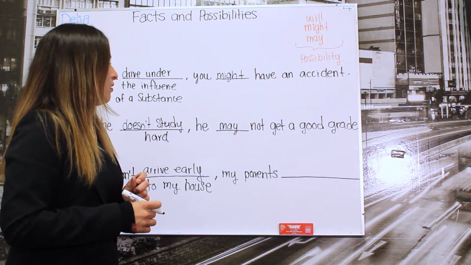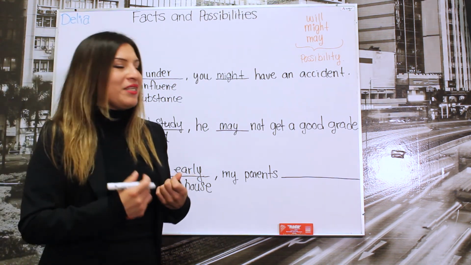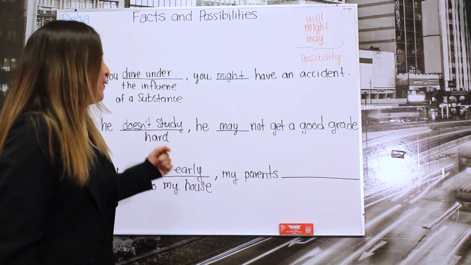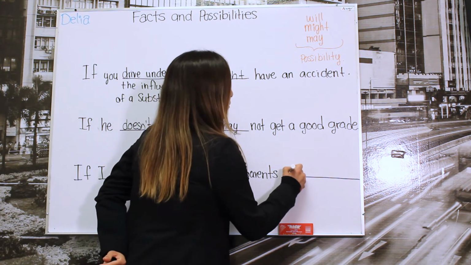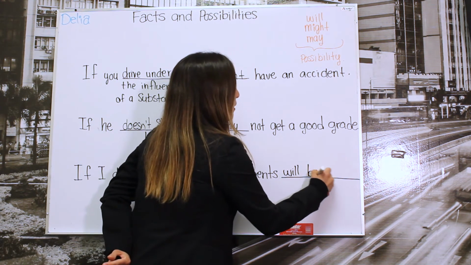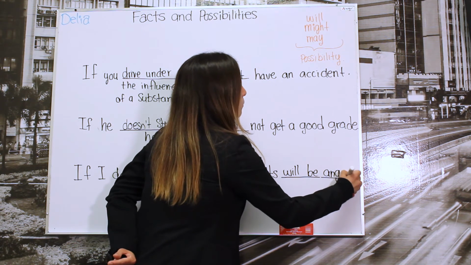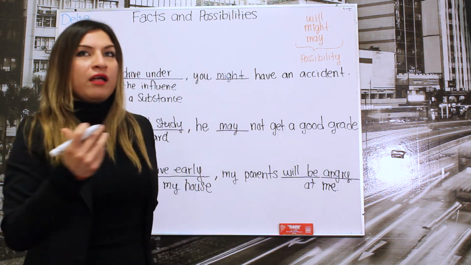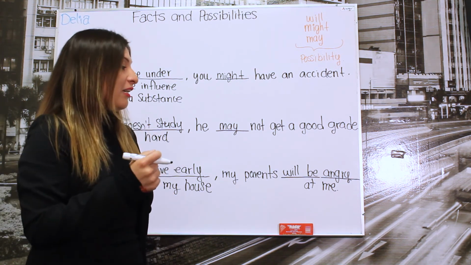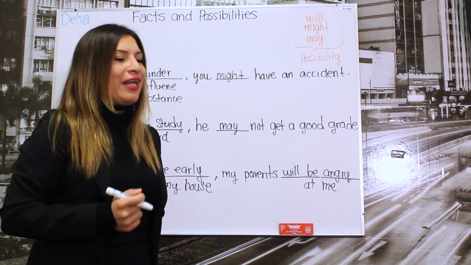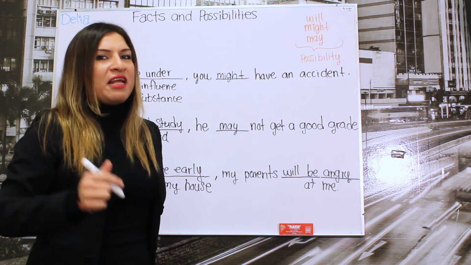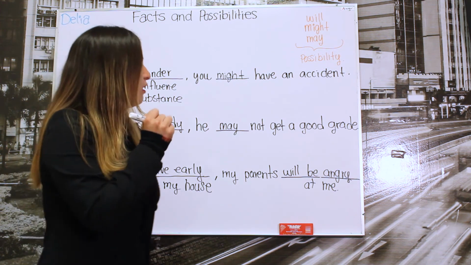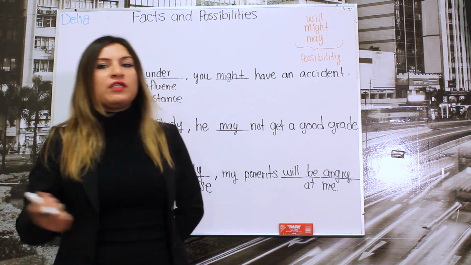Well, I know my parents and the possibility will be strong. My parents will be angry at me. But it's a strong possibility. Maybe I can arrive to my house very late, but they are sleeping and they won't know about it. So these are three different examples with different grades of possibility.